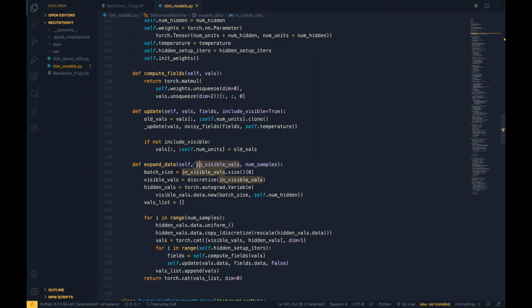The in just means input, so that's something we need to notice. And we have the batch size, visible values and hidden values, and the value list. So this is what we're going to return.